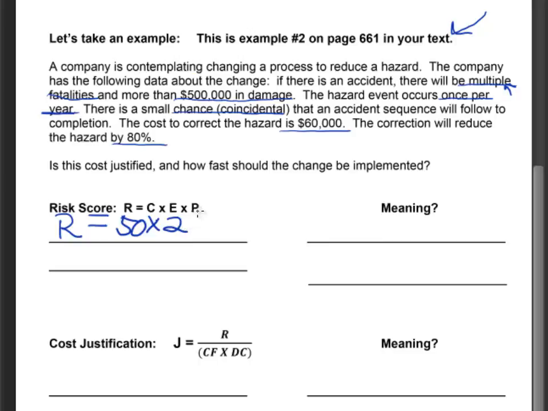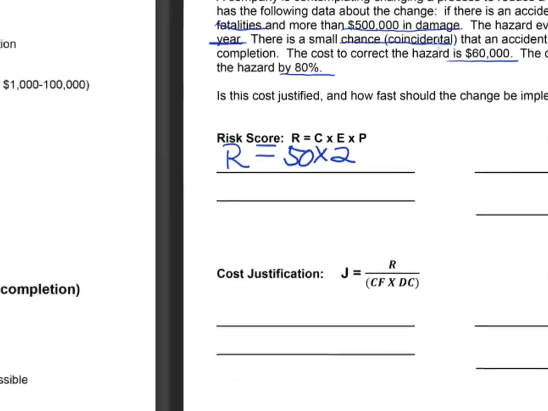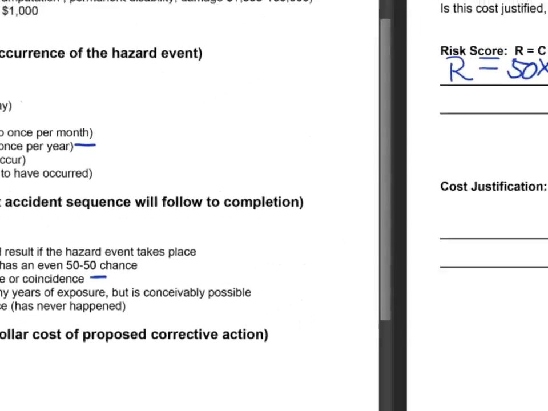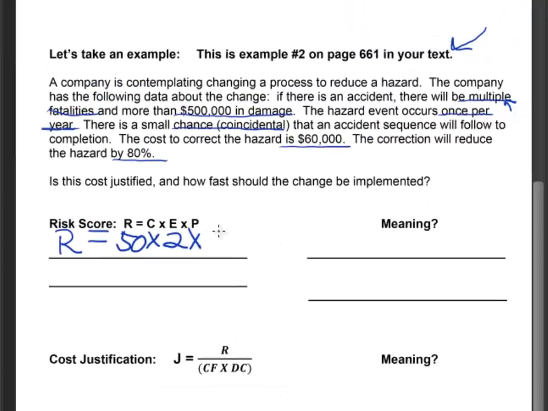And then probability is a small chance, coincidental. Let's find that here. Looks like right here, and that is 3. So 50 times 2 times 3. All right, if you do your calculation, R equals 300. All right, now we have our R value.